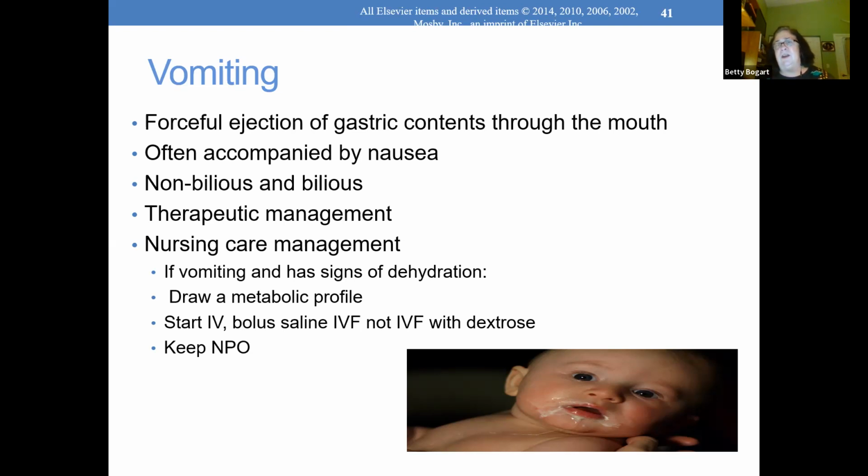And if we're starting an IV, we're putting a needle in the vein, getting a metabolic profile, looking at what the potassium is, seeing what the blood sugar is on this child who's been vomiting and vomiting, okay? And do not feed that kid until you've given them some medicine, giving that tummy a chance to rest. It could be an hour, half an hour on medicine, and then slowly return to diet.